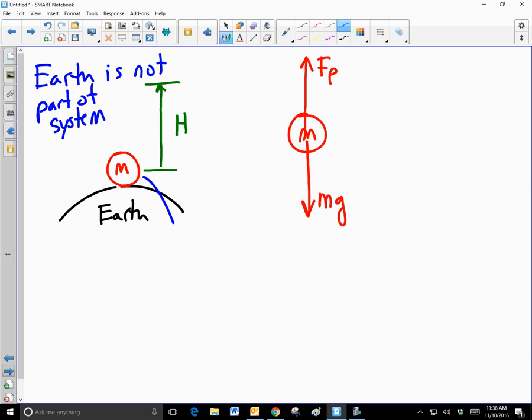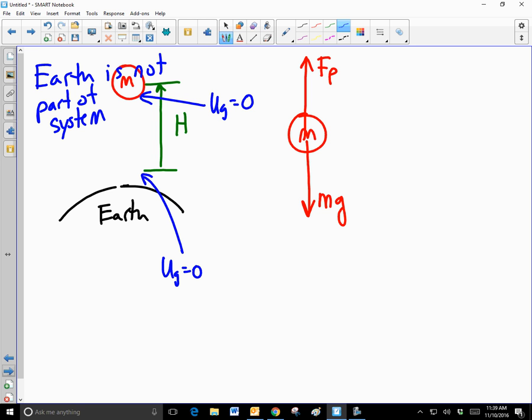So down here at the bottom, if the Earth is not part of our system, then the gravitational potential energy is zero. If I were to raise this up, I'm applying a force on it over a distance. The Earth is not part of our system. How much energy does that thing have? Zero. Because if the Earth is not part of our system, then gravitational potential energy doesn't count.